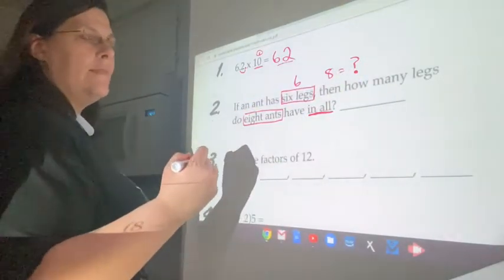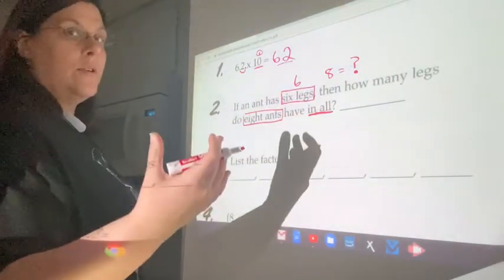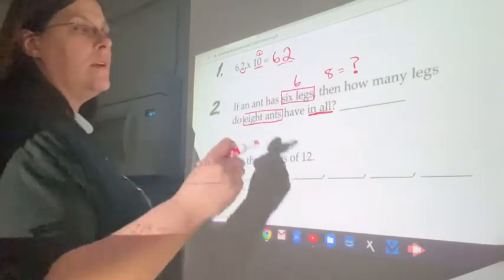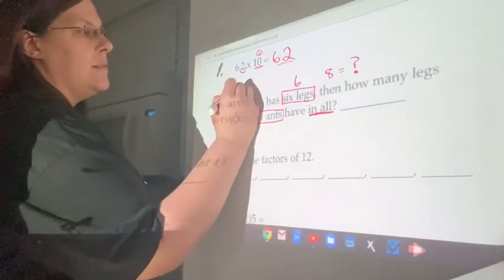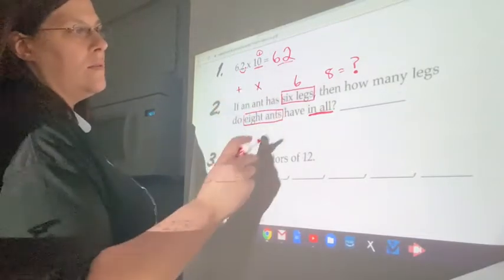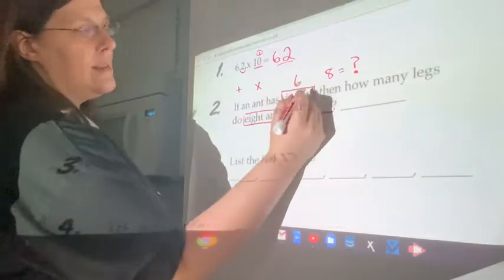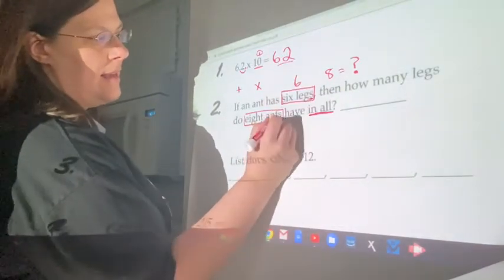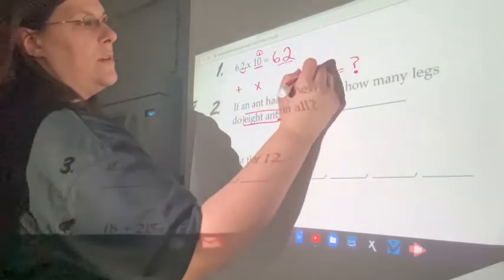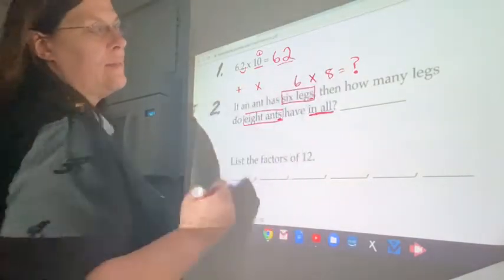Now the first thing we have to do is find out what we're doing. Are we adding in groups or are we adding single numbers? If we add single numbers, we use a plus. If we add in groups, we use a times. Now, since these are legs, ready? Legs and ants, that means we're doing it in groups. Since we're doing it in groups, we times.